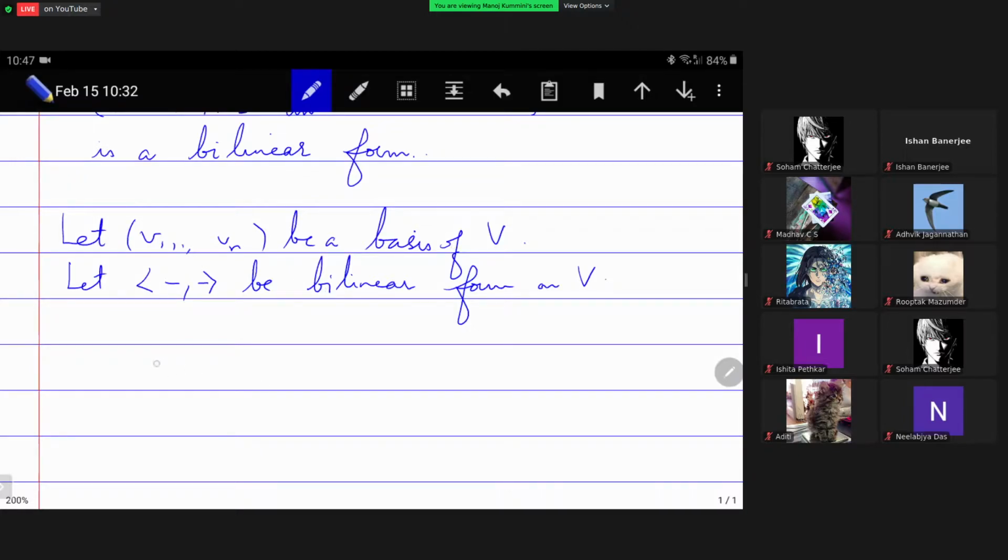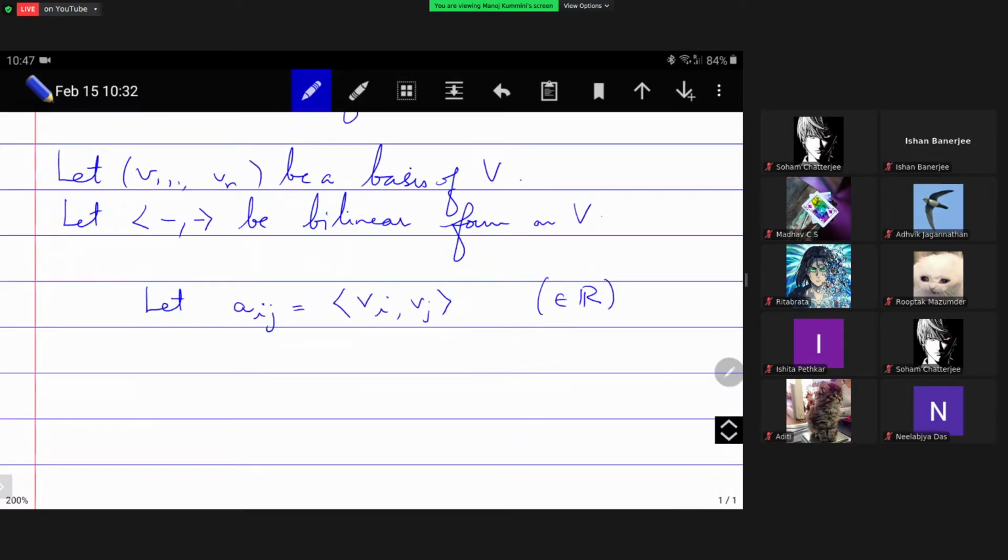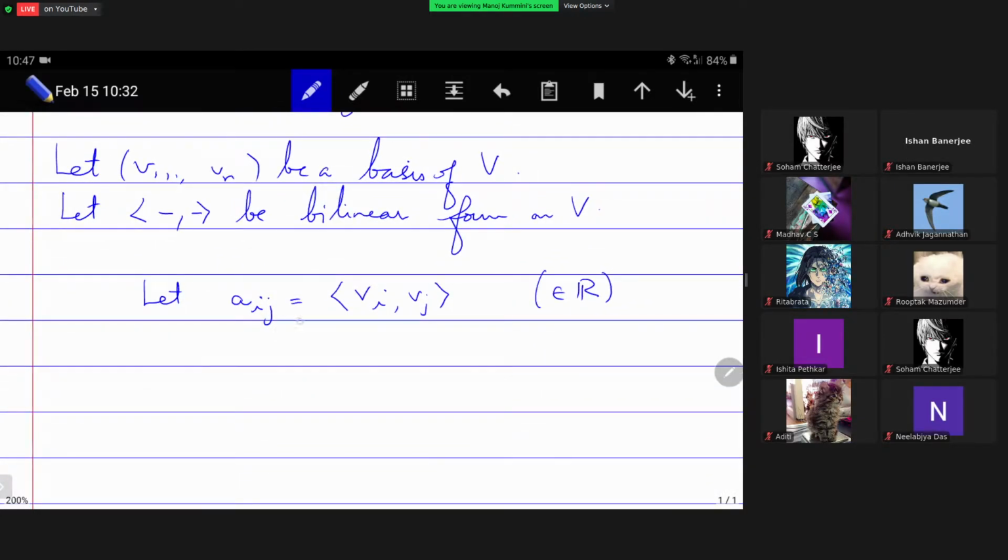So let a_ij be the result of applying this bilinear form to the pair v_i, v_j. That's going to be a real number. And let A be the matrix in which this is the ij-th entry.